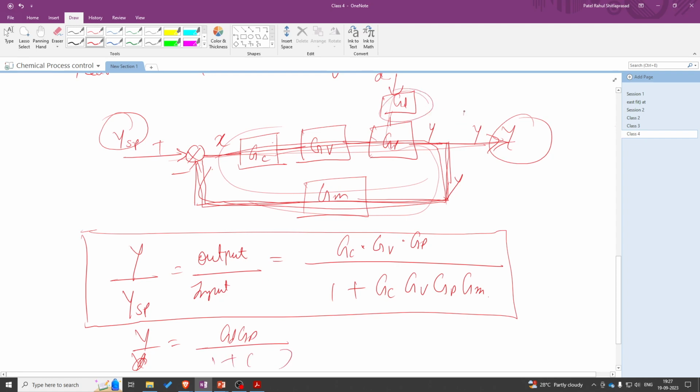However, if this GD was over here, then the numerator would only have GD, and in the denominator we will have the multiplication of all the 5 blocks. So this is how we can find the transfer function given the block diagram representation. Later in the class we will be solving numericals based on this block diagram representation, and that will make your understanding more clear.